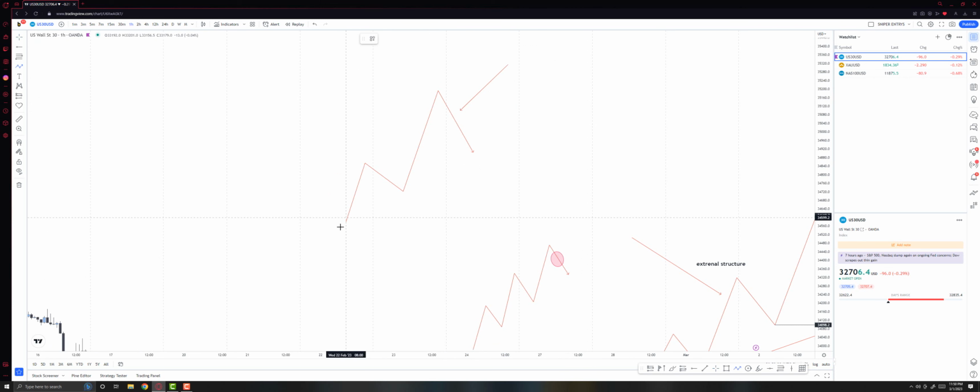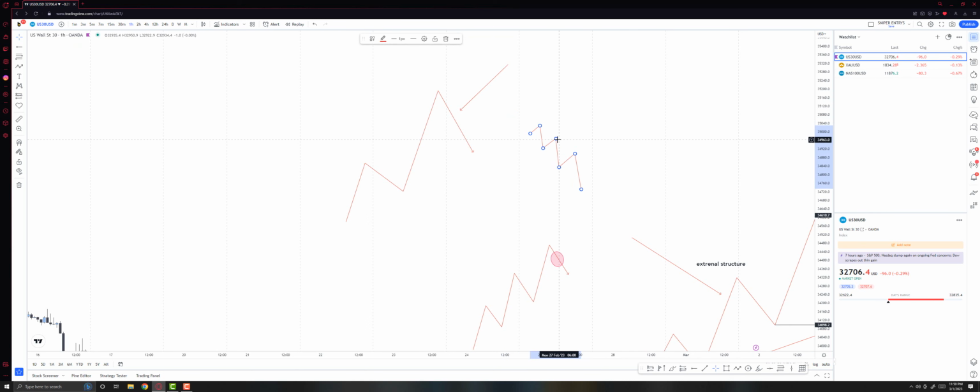So even though we're in an uptrend here, those pullbacks are going to be more like lower highs and lower lows internally on the 15 minutes, maybe 5 minutes. So you're going to have a structure inside of another structure: an uptrend structure, and a minor structure here.